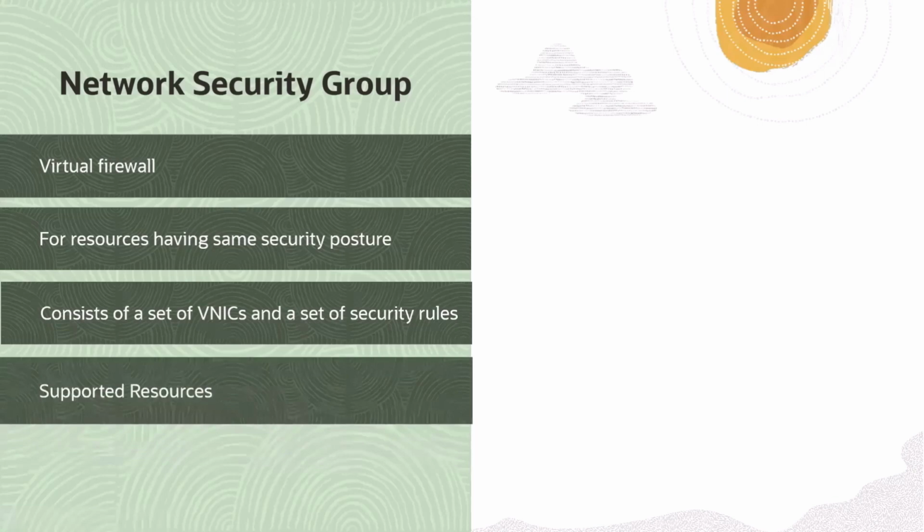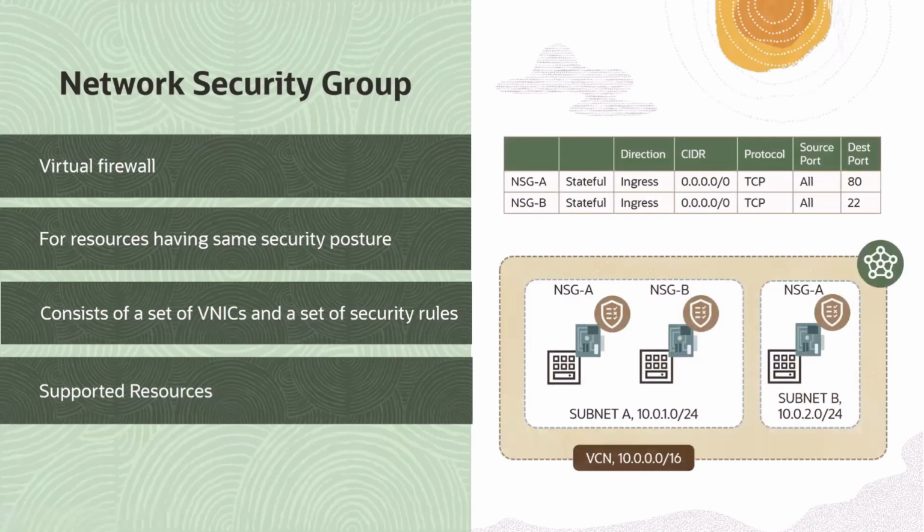Apart from compute instance, there are other resources which also support network security group, for example, load balancers, mount target, API gateway, etc. So here in the architecture, you see there is a VCN and there are 2 different subnets. There are 2 virtual machine instances in subnet A and there is 1 instance in subnet B.